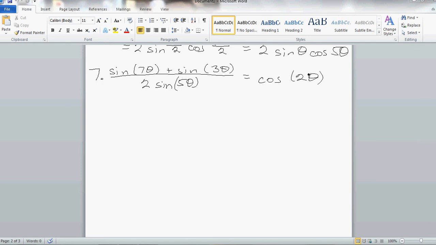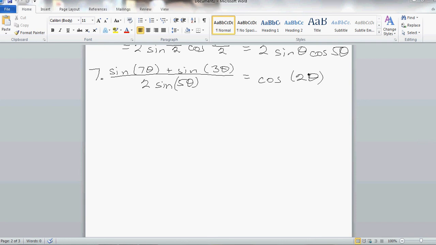Now, as we've been moving along, normally you take the more complex side and go from there. What we're going to do is try that, and if it doesn't work, realize we might have wanted to start with the more simple side. But here we have sine of 7 theta plus sine of 3 theta, which is one of the identities. We're taking the sine and adding them together.